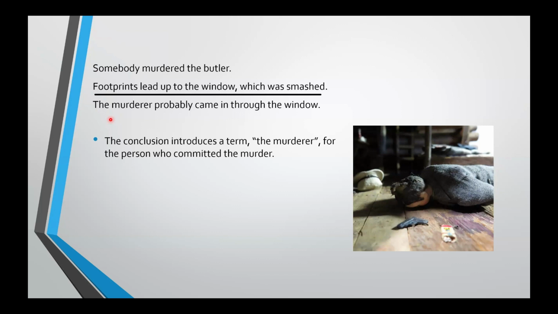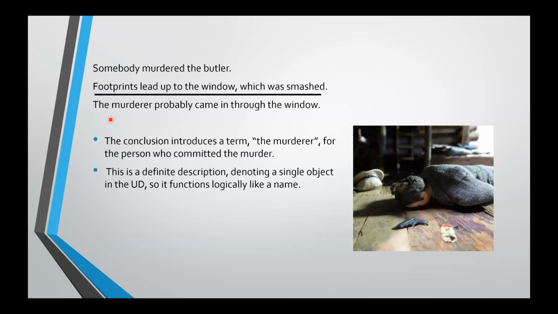If you remember, way back when we were first talking about the elements of language that PL talks about, we talked about definite descriptions. This is a definite description, right? It is a description that denotes a single object in the universe of discourse. We hope.